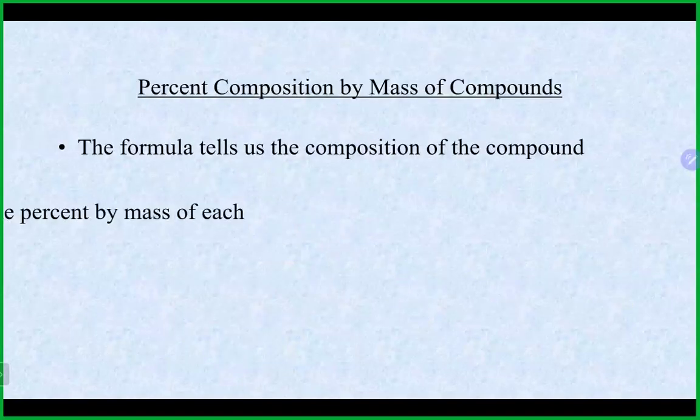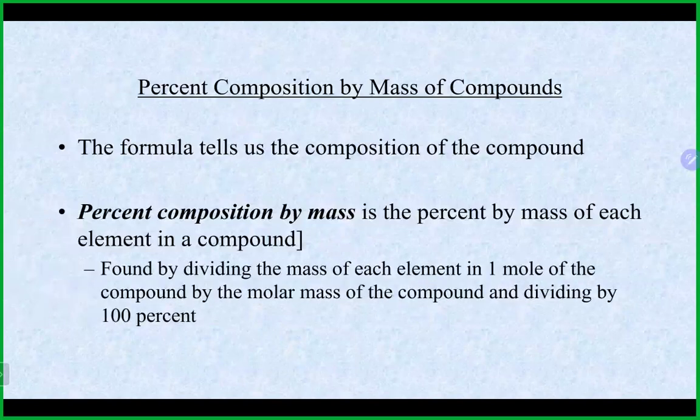Okay, so then let's talk about percent composition by mass of compounds. So percent composition by mass of compounds means basically we're just going to try to find the percentage of each element that's present, for example, in a formula. So to find the percentage of that element, we would take the molar mass of that element that is there in that particular compound.